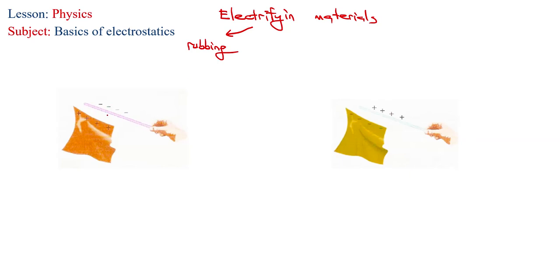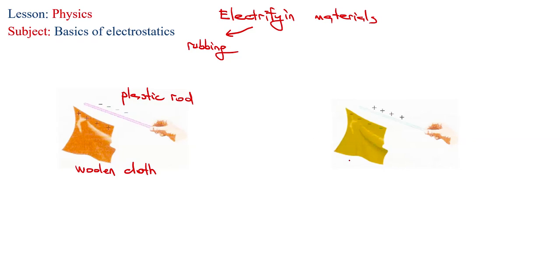So the rubbing, as you see in the first picture, when you rub a woolen cloth to a plastic rod, the plastic rod will be negatively charged, and the woolen cloth will be positively charged. And you see here that the number of negative charges here is 4, and the same amount of positive charges will be formed on the woolen cloth.